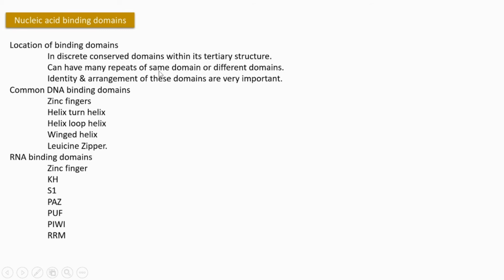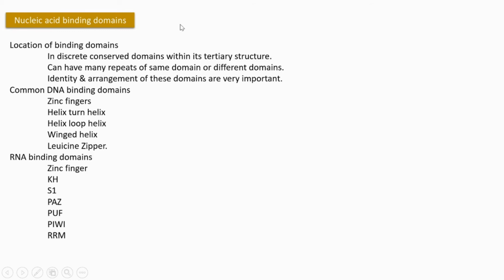Also, in the nucleic acid itself, multiple copies of a domain can be present. Multiple copies of the same domain, or different domains, can be present in a nucleic acid. So if we consider a nucleic acid, it doesn't mean that it contains only one domain.